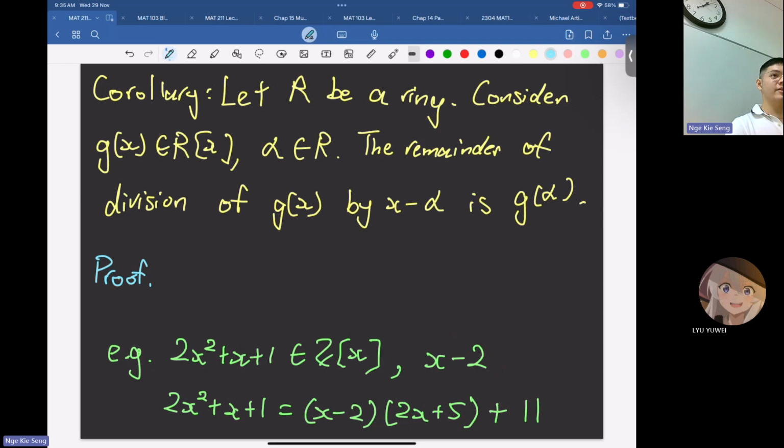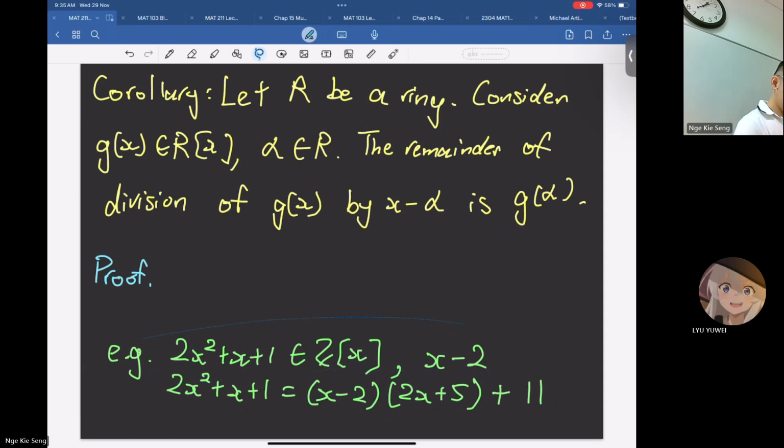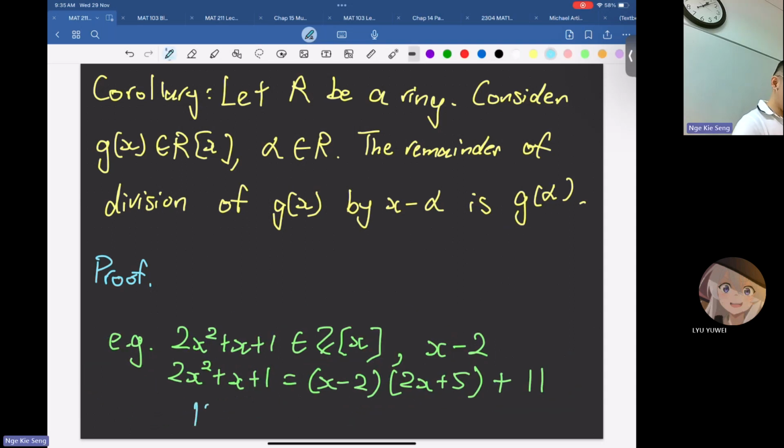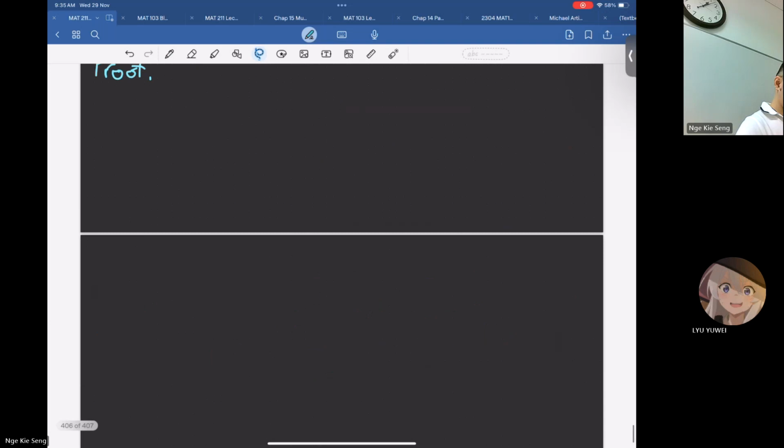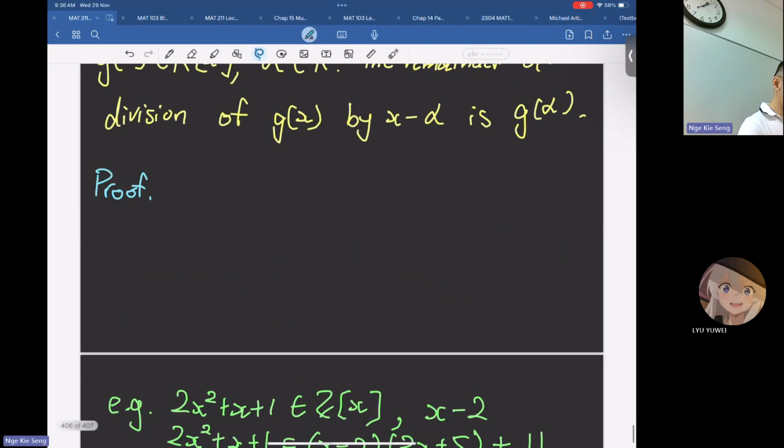What I want to say is that this 11 can be obtained by just substituting alpha equals 2 into the polynomial. So why is this true always?